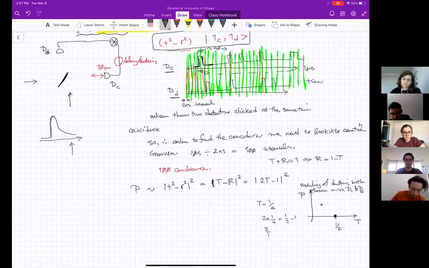3 divided by 4 multiplied by 2, that will be 3 divided by 2 minus 1/2, which will give me 1/2 again. So it will be like that.